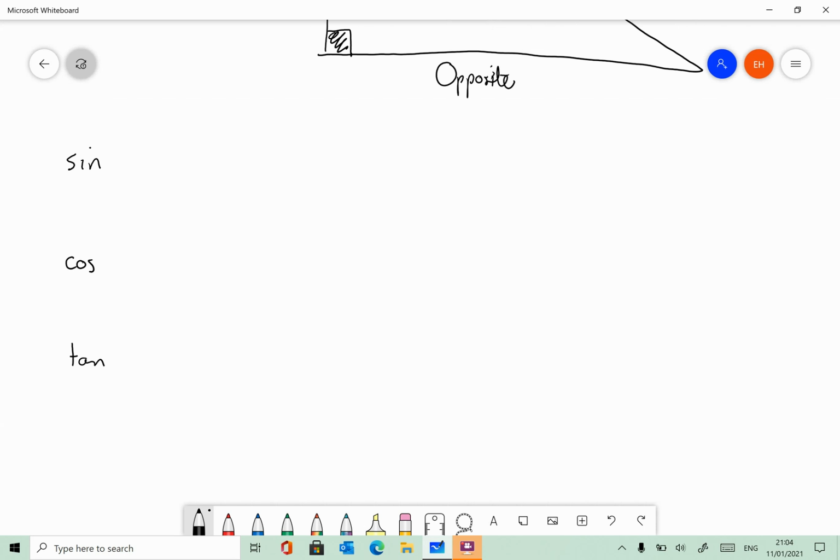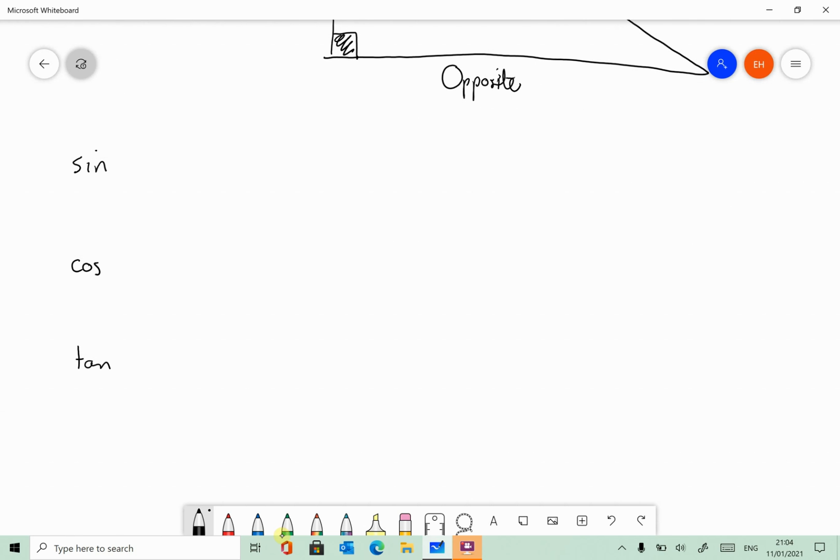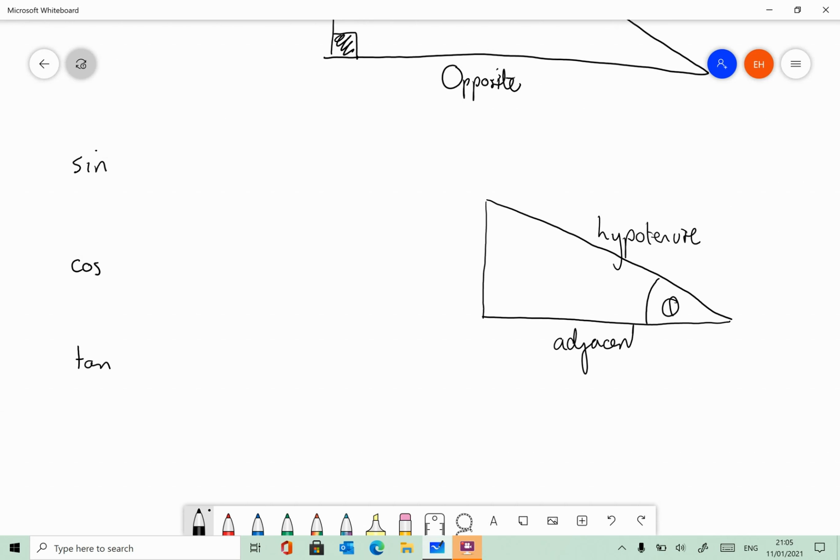Right, now, we always take sine, cos and tan of a specific angle. So let's say we're talking about this angle down here. That's my hypotenuse. That's my adjacent. And that's my opposite.